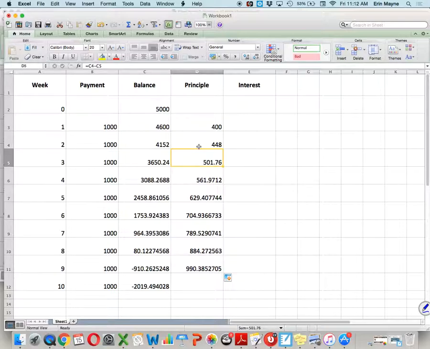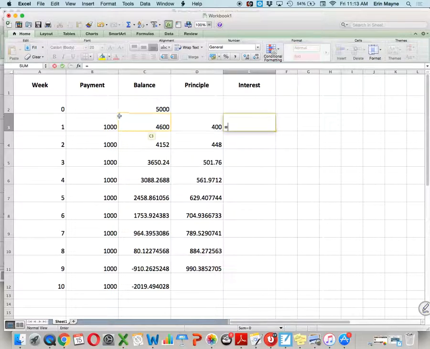Let's talk about the interest column. You told me this was 600. Well, how do I tell the actual spreadsheet to calculate this? Okay, so I'm going to hit equals, and I'm going to do 1,000 minus, which is B3, minus 400, which is D3. I get my 600.